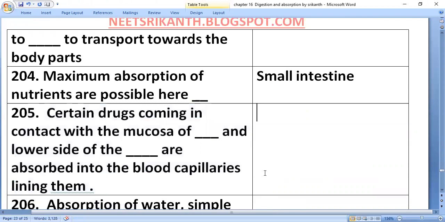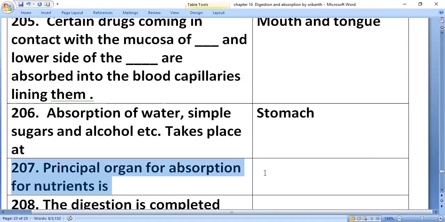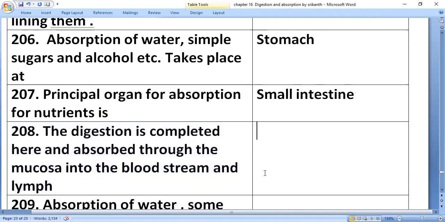Certain drugs coming in contact with the mucosa of the mouth and lower side of the tongue are absorbed into the blood capillaries lining them. Absorption of water, simple sugar, and alcohol takes place in the stomach. The principal organ for absorption of nutrients is the small intestine, where digestion is completed and products are absorbed through the mucosa into the bloodstream and lymph.